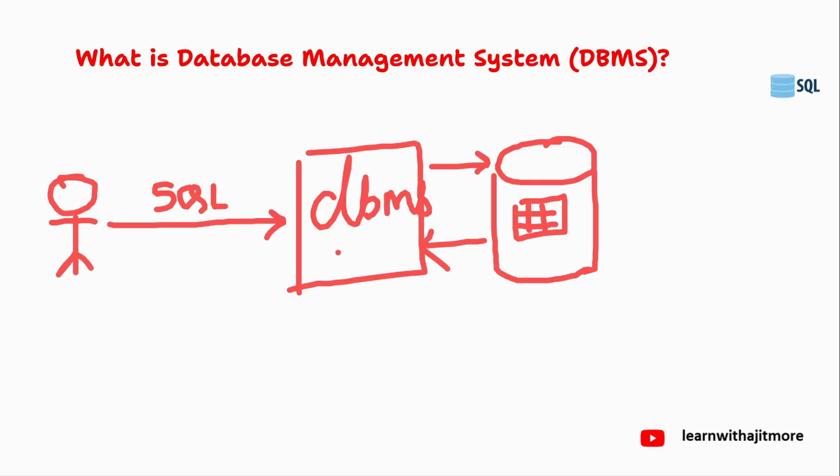If the command is right, it will evaluate the command, do appropriate changes here. It may get the values also, and give the response back to you people. Sometimes the response can be in the form of a message that the query executed successfully. Sometimes it can be in the result form also, the records. So those records it will deliver to you, right?